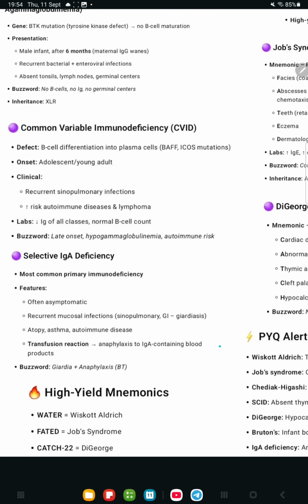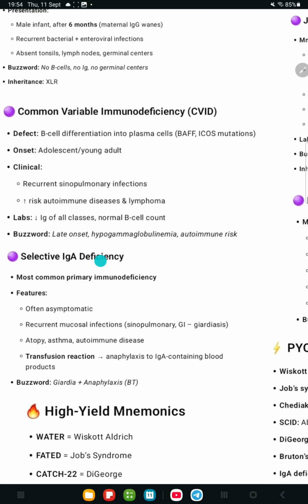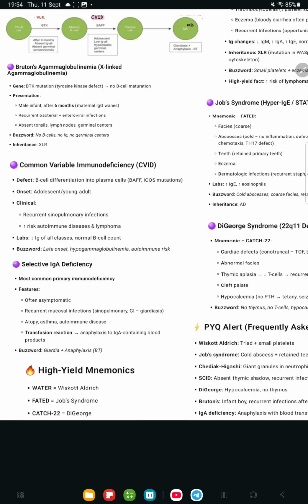Now the third B cell disorder is selective IgA deficiency. For this we have to remember that this is the most common primary immunodeficiency, and here the patient is often asymptomatic. If there is a presentation, it is with recurrent mucosal infections, that is sinopulmonary or GI infections like giardiasis, atopy, asthma, and autoimmune diseases.